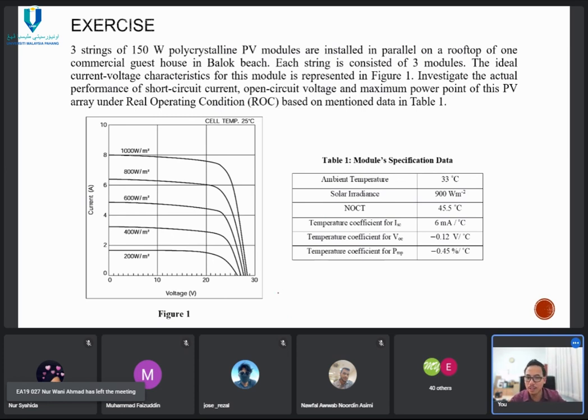Where is figure 1? So this is figure 1. This figure 1 is the ideal current voltage or IV characteristic for this module.